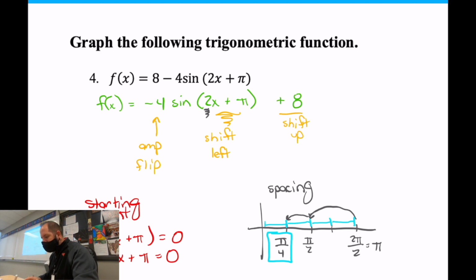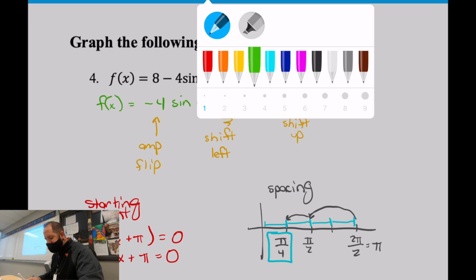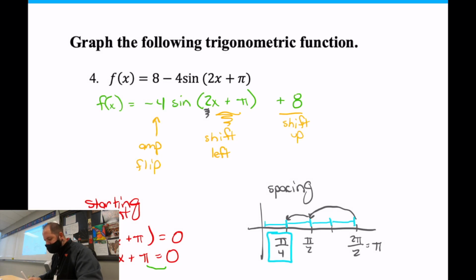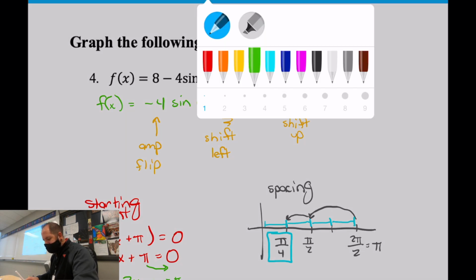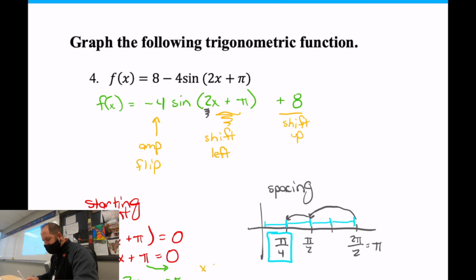Yes. When we actually solve this out, we subtract the pi, so it's negative pi, and then we're going to divide by 2, because you have to go in order. You have to subtract first, and then divide by 2. So my starting point ends up being x is equal to negative pi over 2. Because again, I had to divide by this 2. That's how I found it.